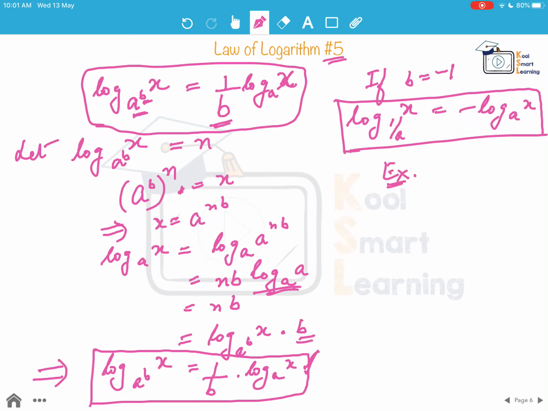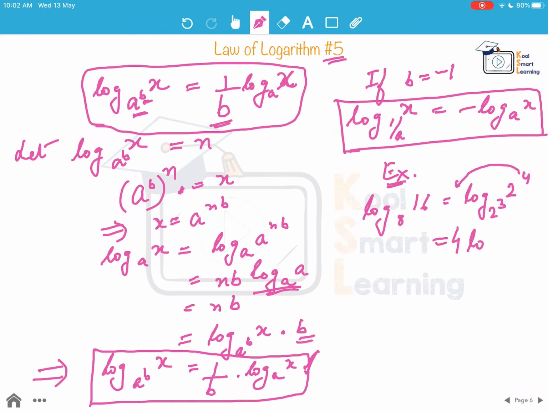So let's take an example here. If we have to find out log of 16 to the base 8, we can say this is equal to log of 2 to the power 4 to the base 2 to the power 3. Now we use the first property where we said log of x to the power y is nothing but y log of x. So here we bring this 4 over here.